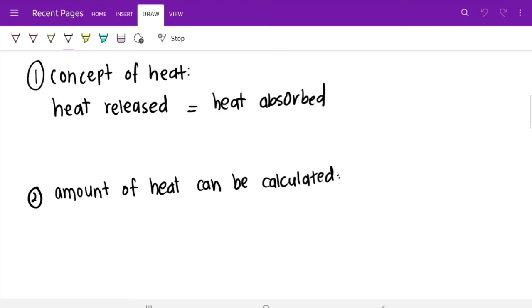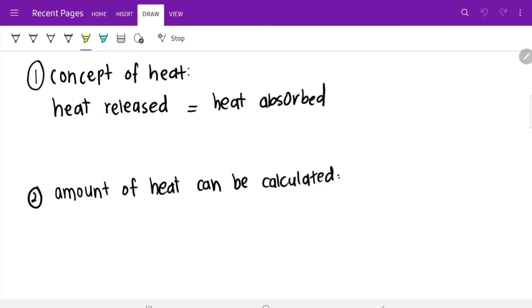So the amount of heat transferred from one place is conserved and will be accepted by another system in the exact amount transferred. That means how much heat is released from one system will be equivalent to the amount of heat absorbed by the other system. This is the concept of heat.